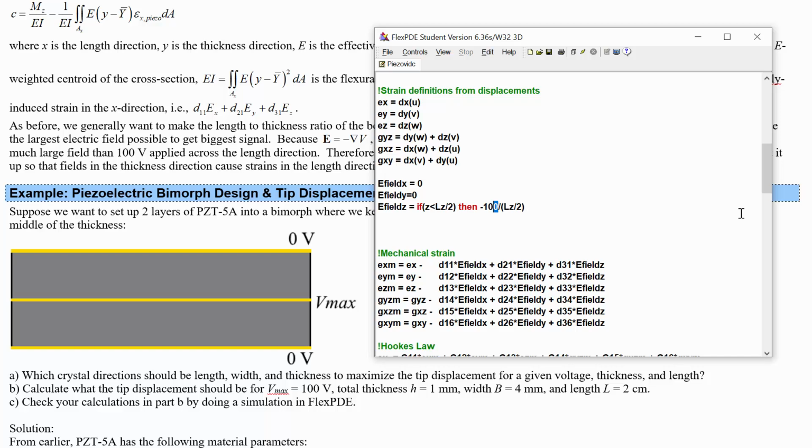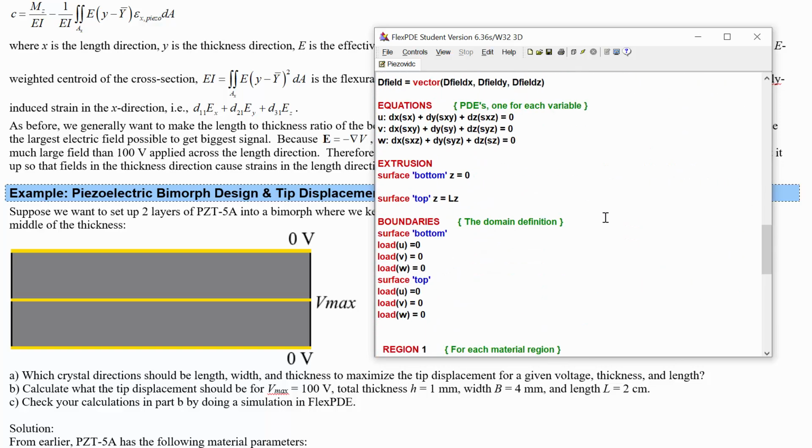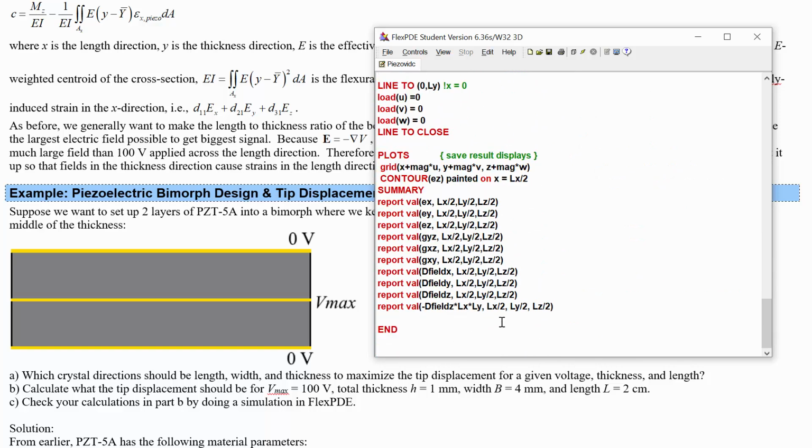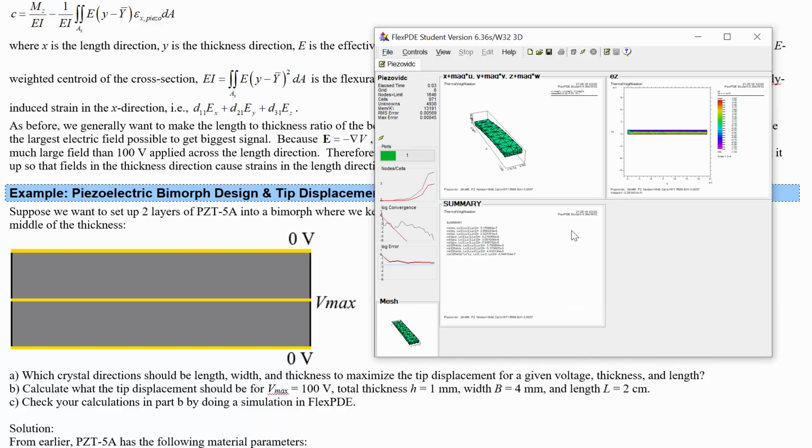Let's put in Vmax. Else Vmax over Lz over 2. Okay, so that should allow us to get a little beam here, and then hopefully it's going to curve.